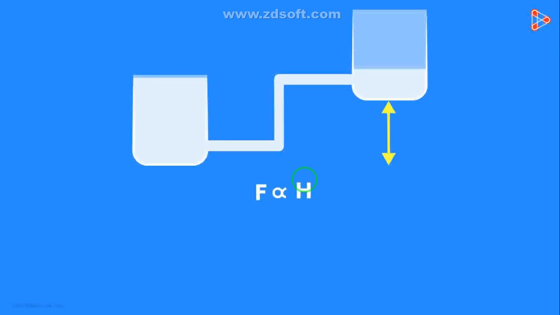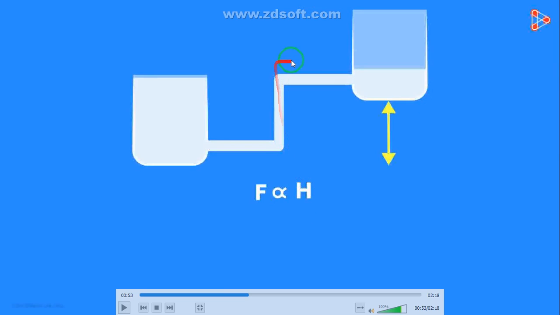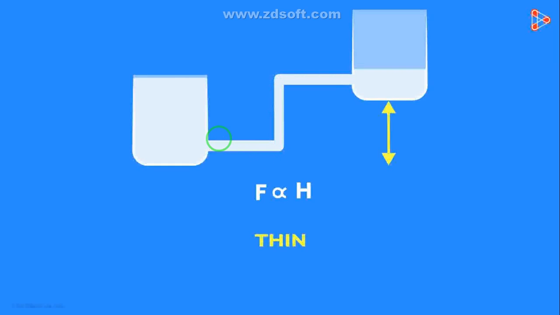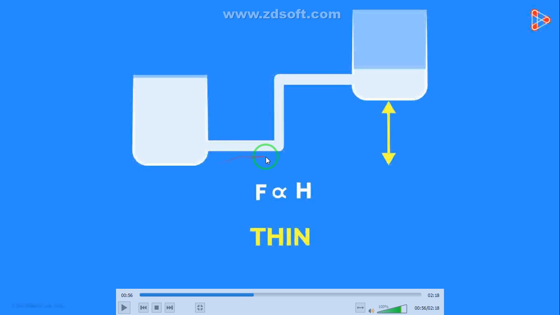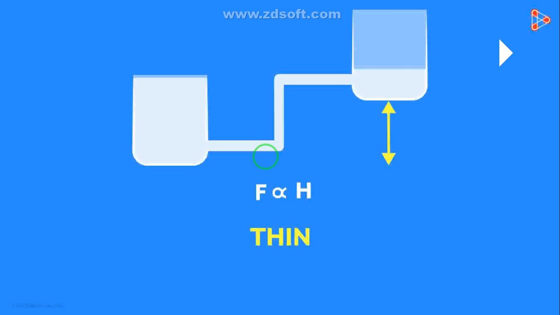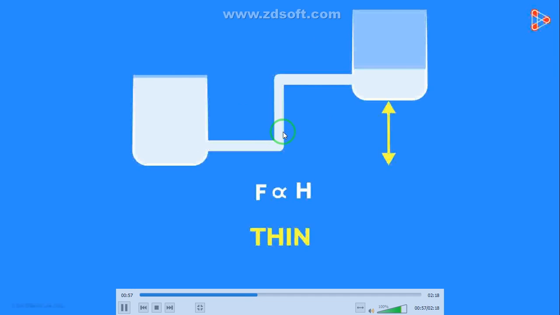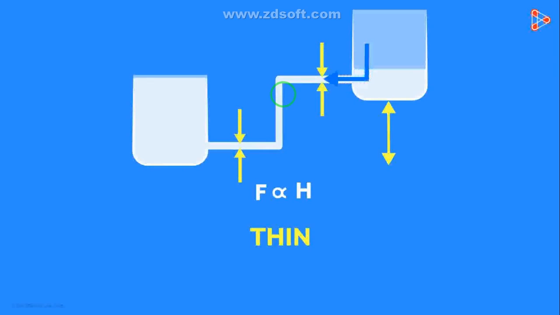Next we concentrate on the thickness of the pipe. When we reduce the thickness of the pipe, the water still flows from high to low, but the force is less compared to the first one.